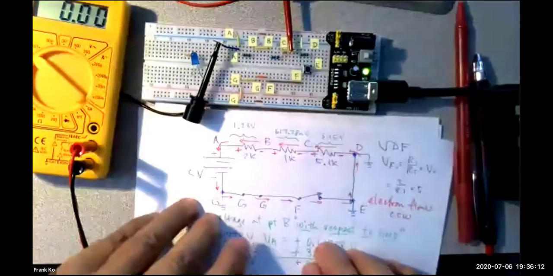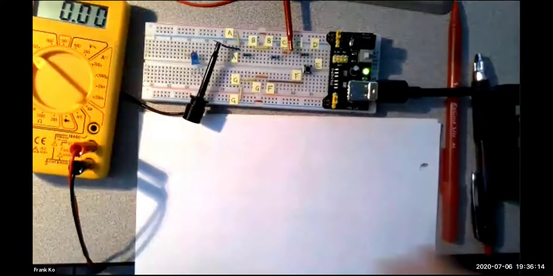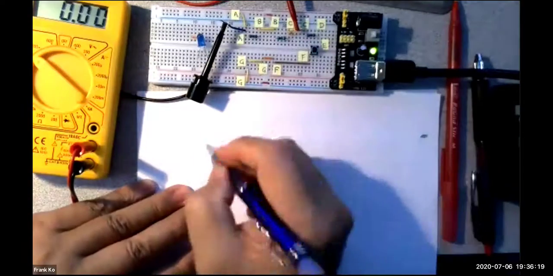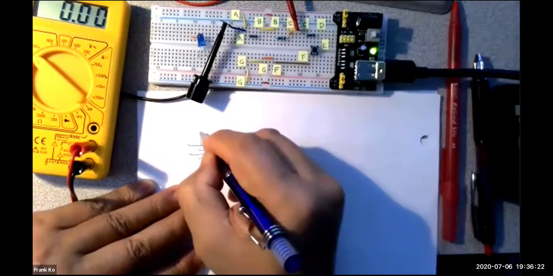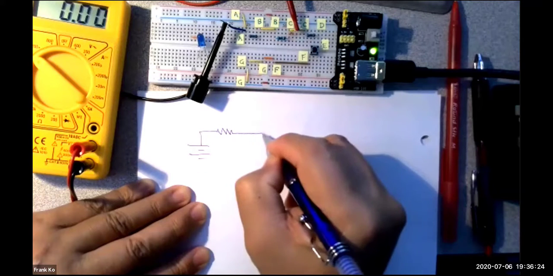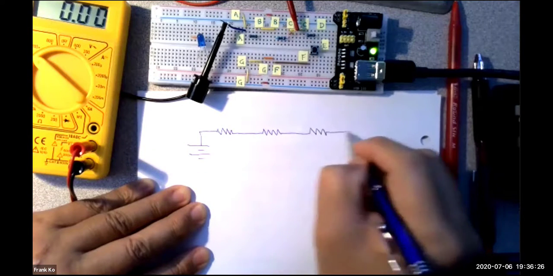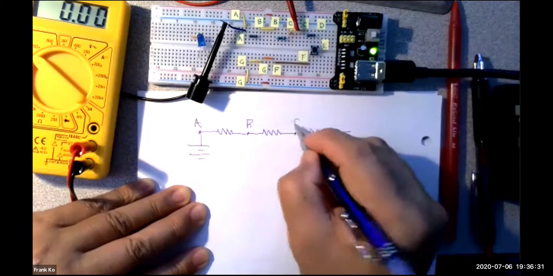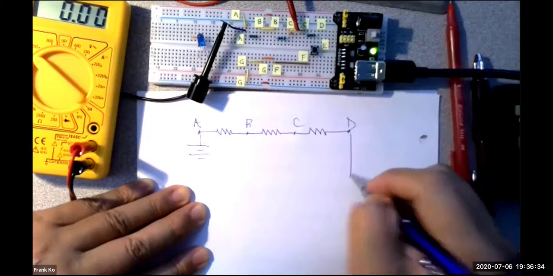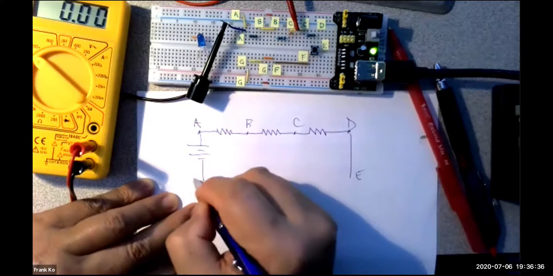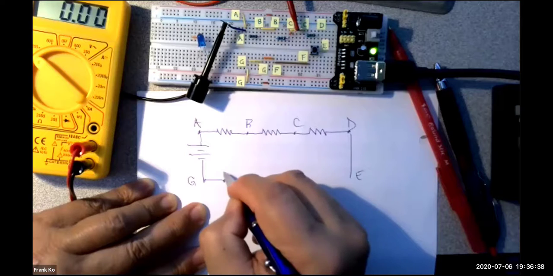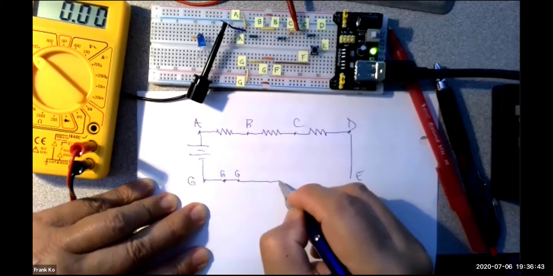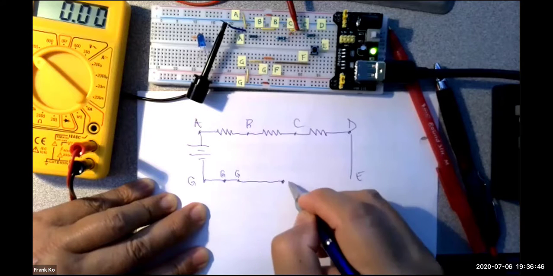Because with an open circuit, let me draw this really fast. So we have A, we have B, we have C, we have D, come down E. Here's point G, and the LED, this side was point G, and then we have our switch.